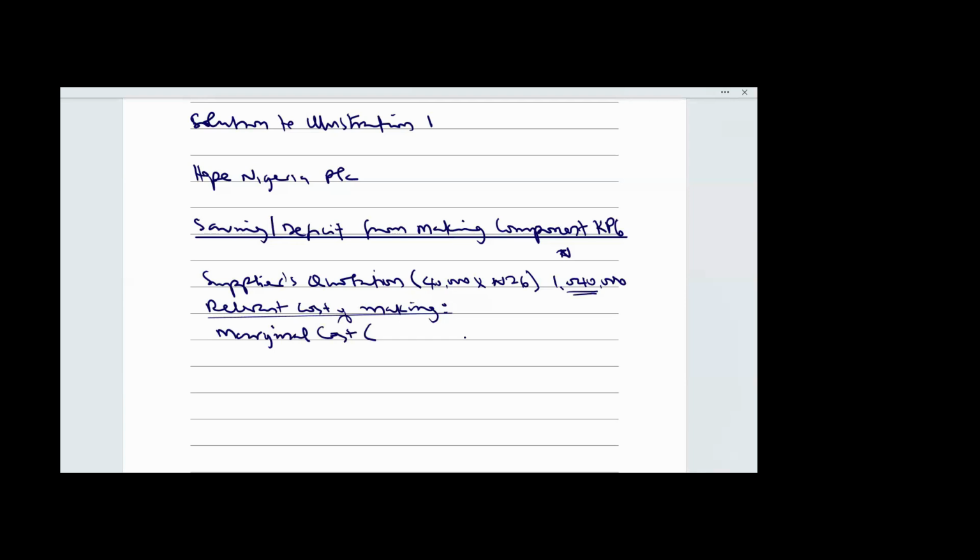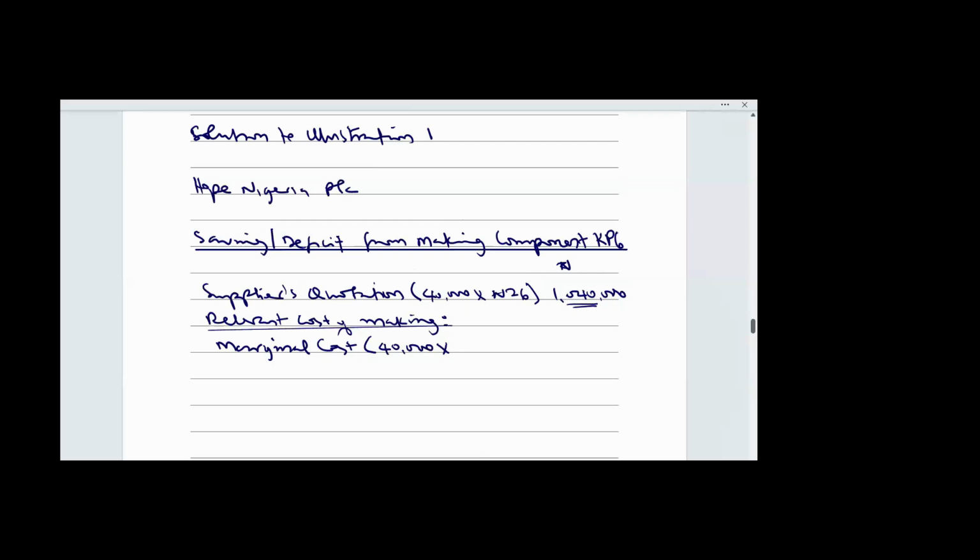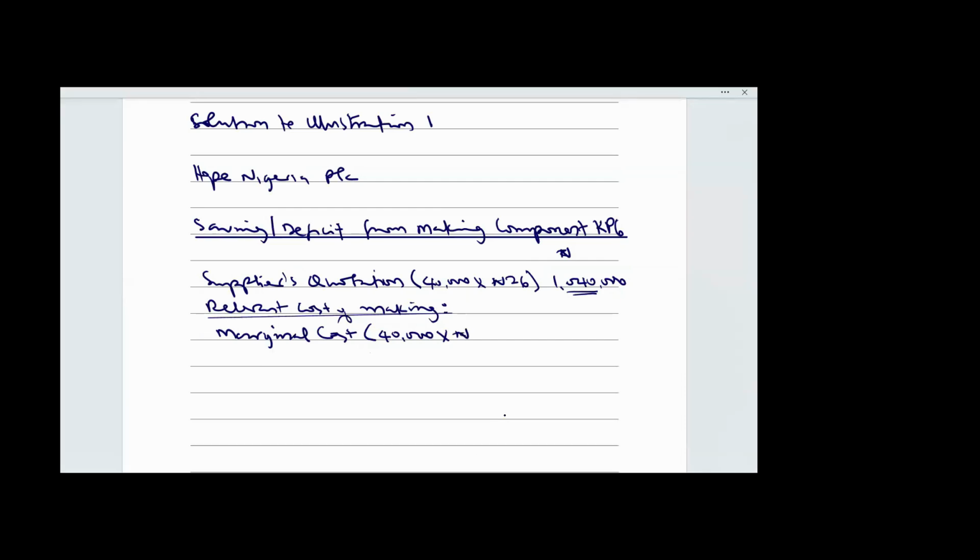The marginal cost for 40,000 components at what price per unit? 19 naira. So 19 multiplied by 40,000 is 760,000. That's the total marginal cost.